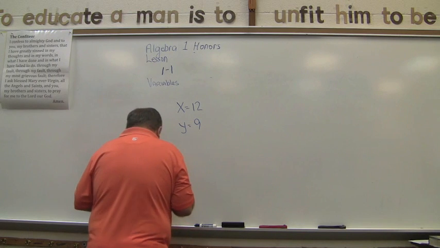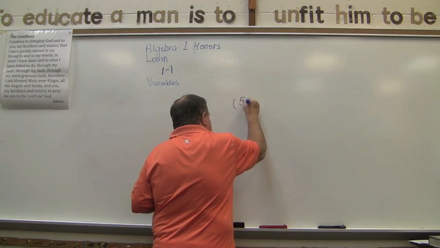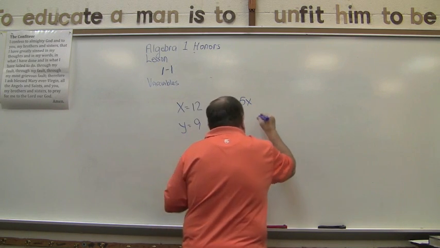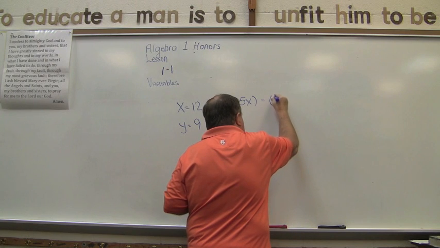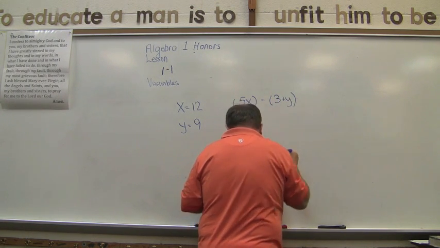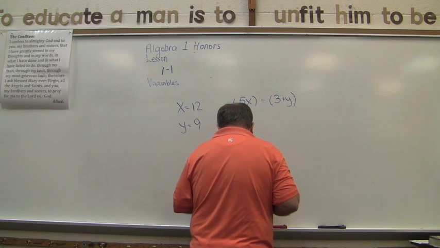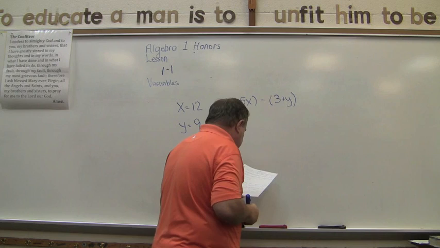Now I'm going to write my equation. My equation is going to be 5x minus 3 plus y. They want to know what's the solution if x is 12 and y equals 9.